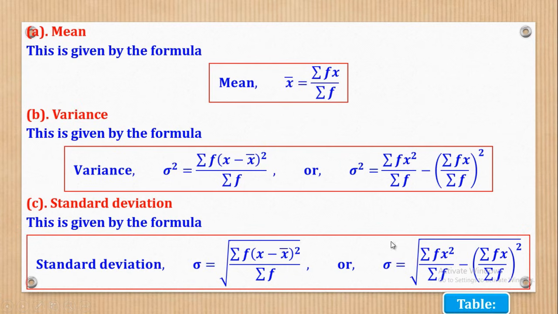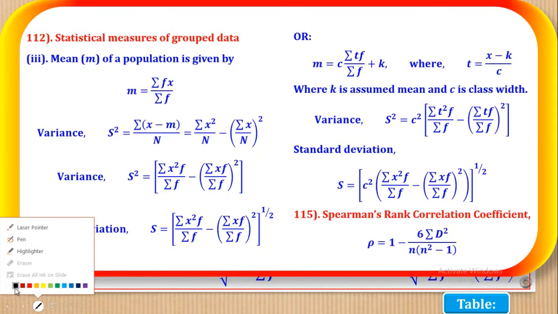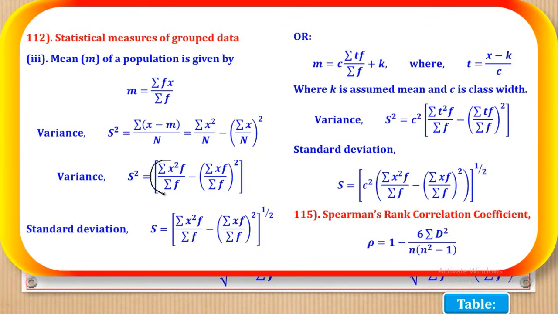Then for variance, the formula is available here. The only difference is that for us we started with fx squared, while for them they write x squared f. Why?